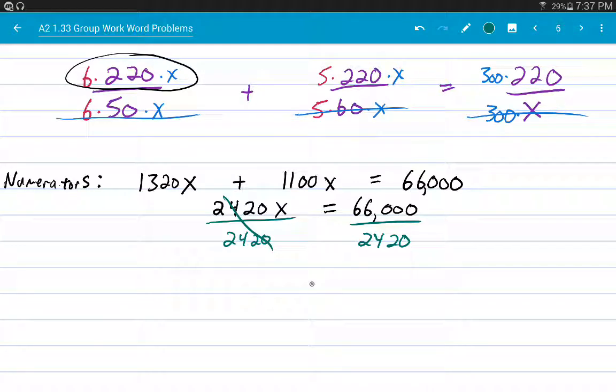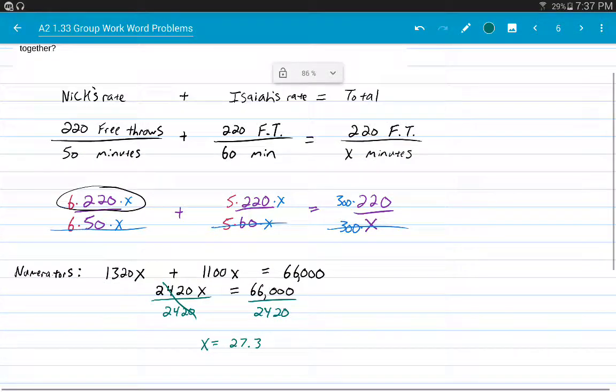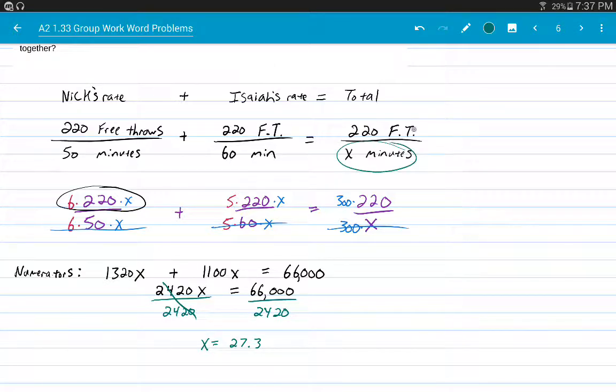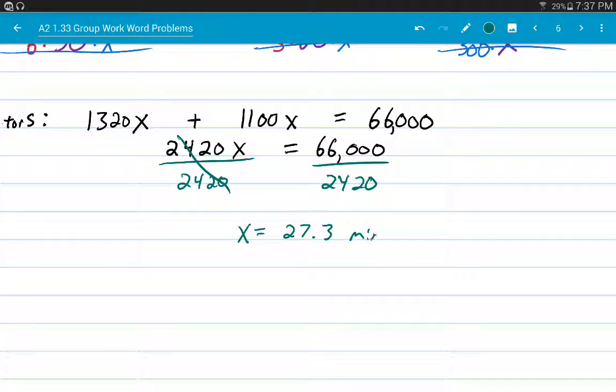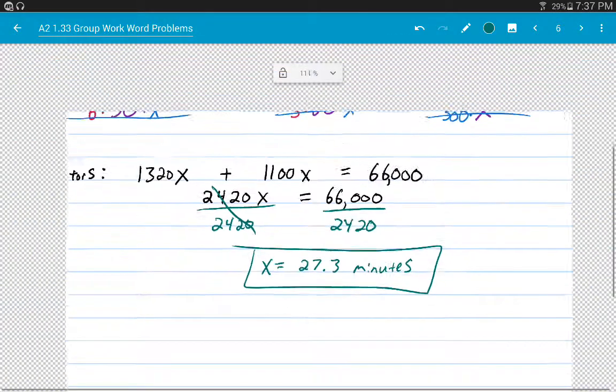So x equals 27.3. What were my units? Let's look back at the original question. Minutes. x minutes. So 27.3 minutes. So that's how long it would take them to complete it together.